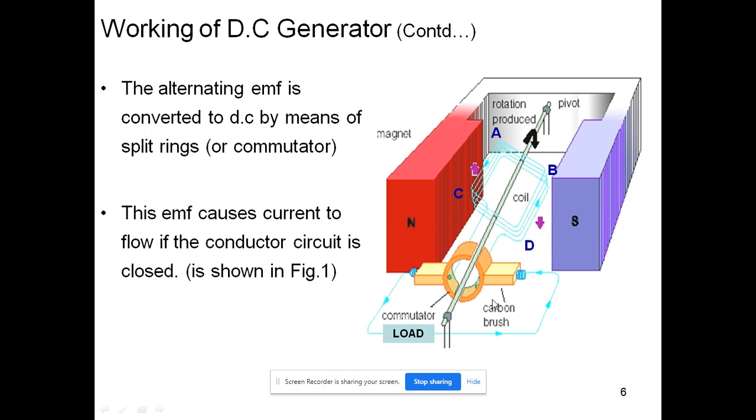You can see the commutator here. This is the commutator, nothing but split rings. This EMF causes the current to flow in the external circuit only when the circuit is closed.